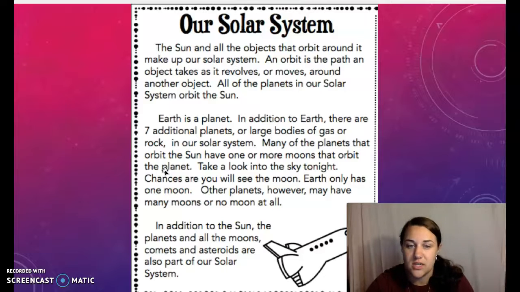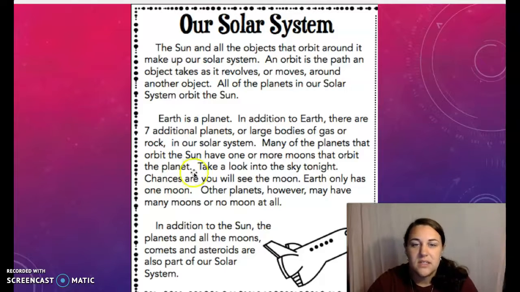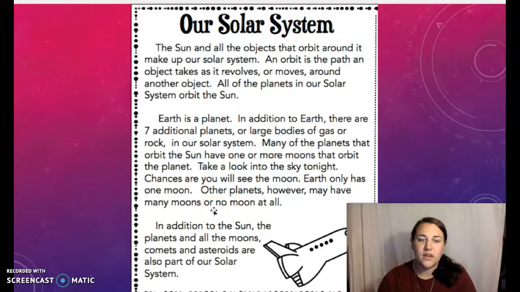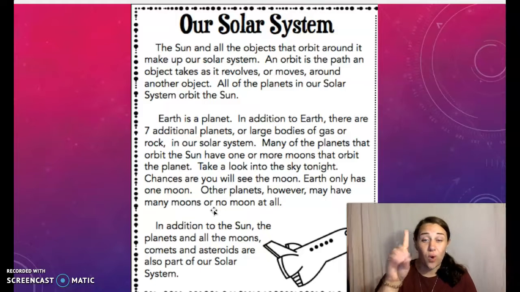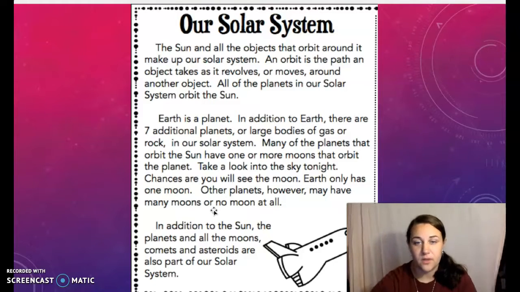So we'll also take a look at that. Take a look into the sky tonight. Chances are you will see the moon. Earth only has one moon. Other planets may have many moons or no moon at all. All right, so tonight I want you to look outside and look at the moon. That's one moon. We only have one, so it's the same moon every night.